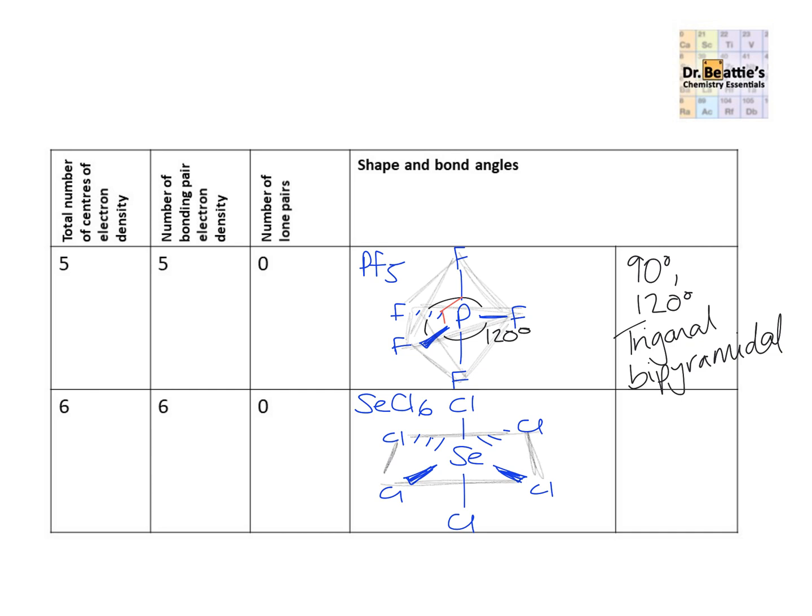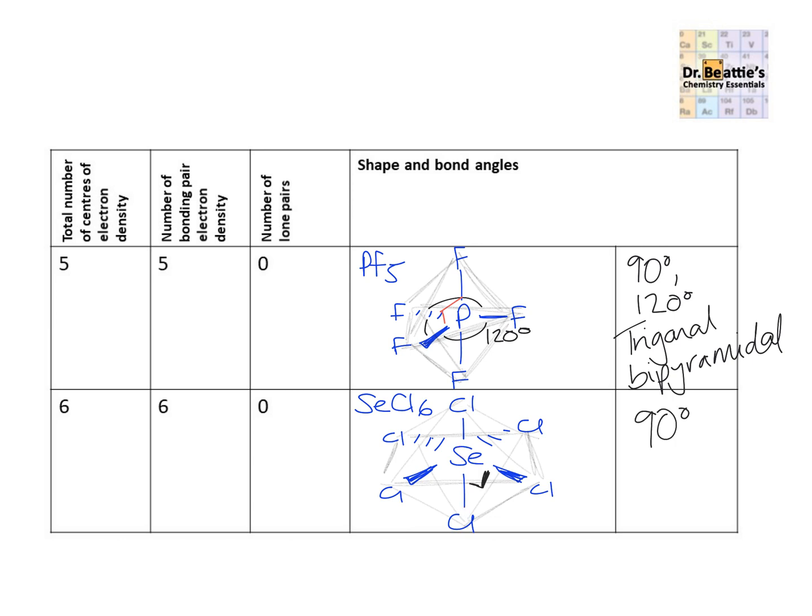on the equatorial part, and then you can see how if we created sort of a square based pyramid on the top and the bottom, we get this sort of arrangement. And this leads to the bond angles between each of these Cl-Se-Cl bonds, so whatever you look at, they're all going to be 90 degrees.